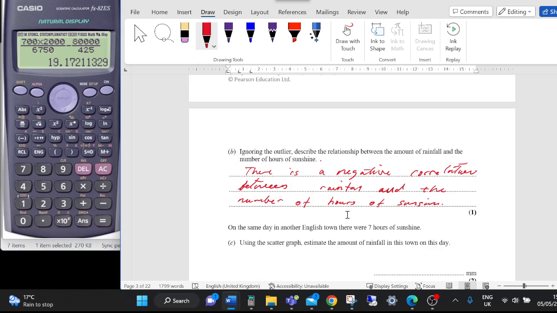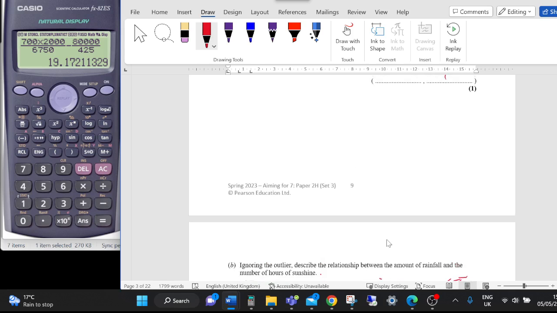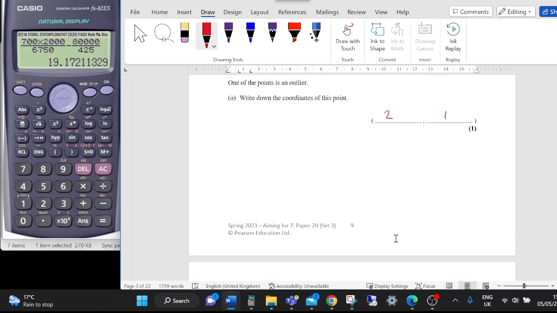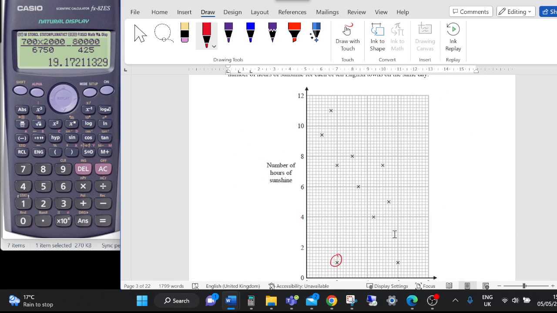Okay, and then part C. On the same day, in another English town, there were 7 hours of sunshine. Use a scatter diagram to estimate the amount of rainfall. So you're going to pick up 1 mark for drawing a line of best fit here. So line of best fit is a line that best matches the data. So you tend to ignore the outlier. I'm going to say that's my line of best fit, roughly.